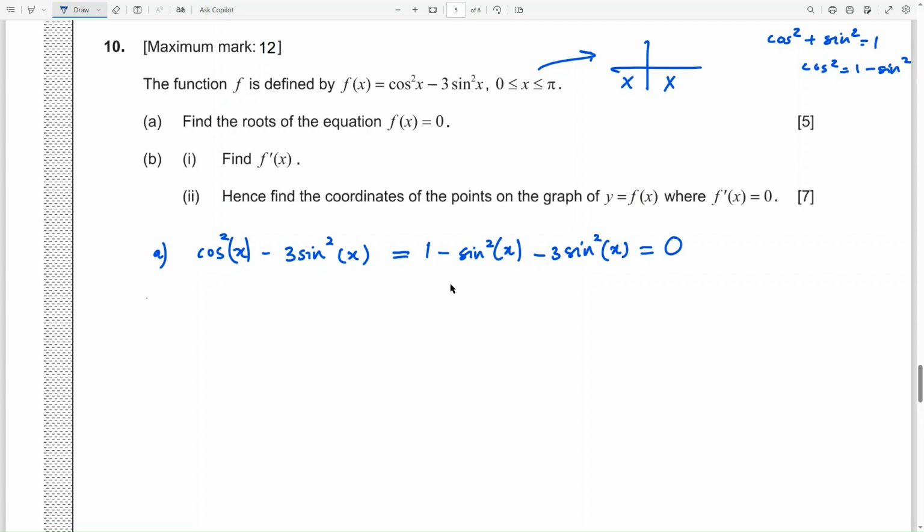Okay, so when we simplify that, we get 1 minus 4 sine squared. They're like terms, so they add to each other. Is equal to 0. And then I'm going to add 4 sine squared on both sides. Then divide both sides by 4.